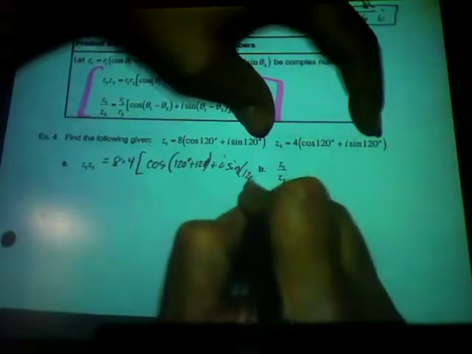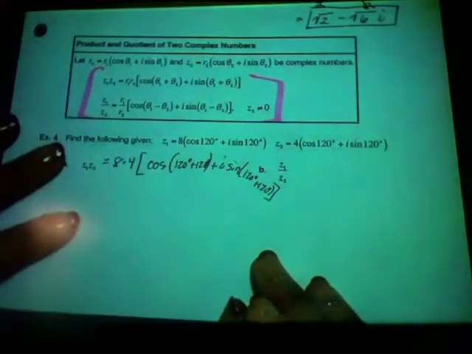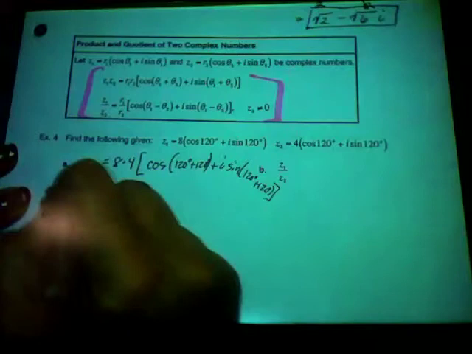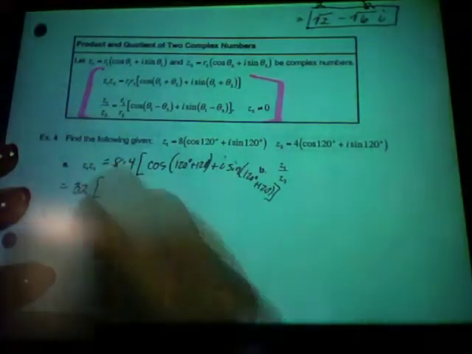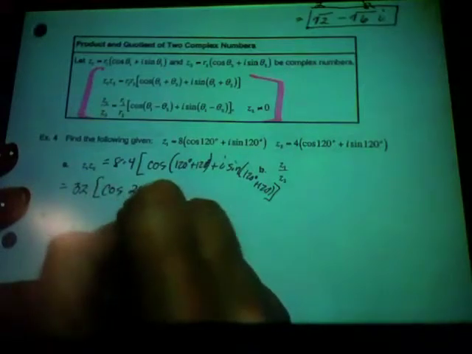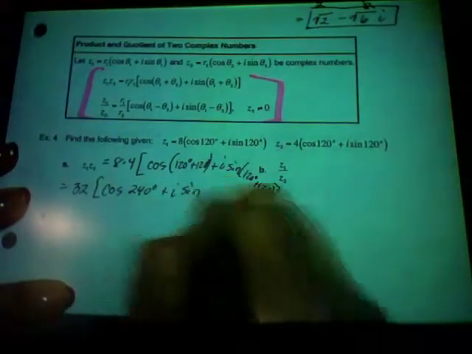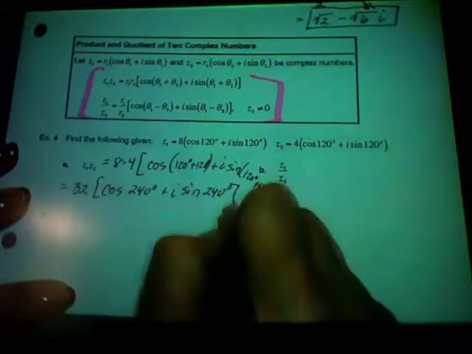So 8 times 4 is 32, times the cosine of 240 degrees plus I sine of 240 degrees.